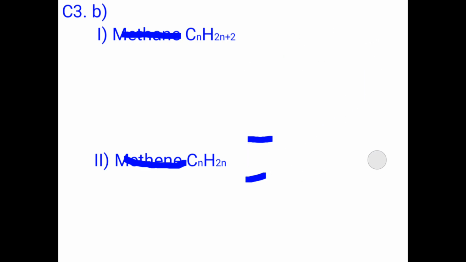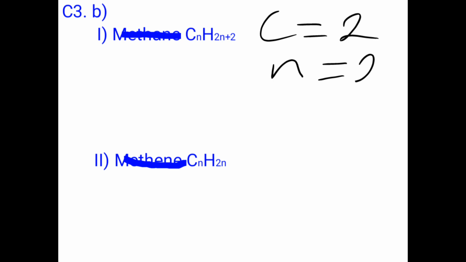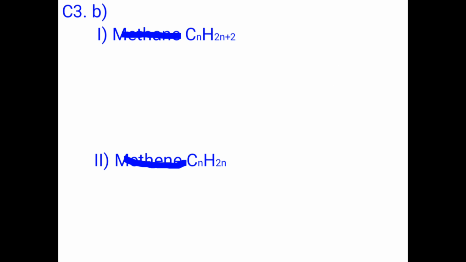If we were to use the general molecular formula for ethane, it comes second in the list of the compounds, meaning it has how many carbon atoms? Two carbon atoms, and this is what we'll use for n.